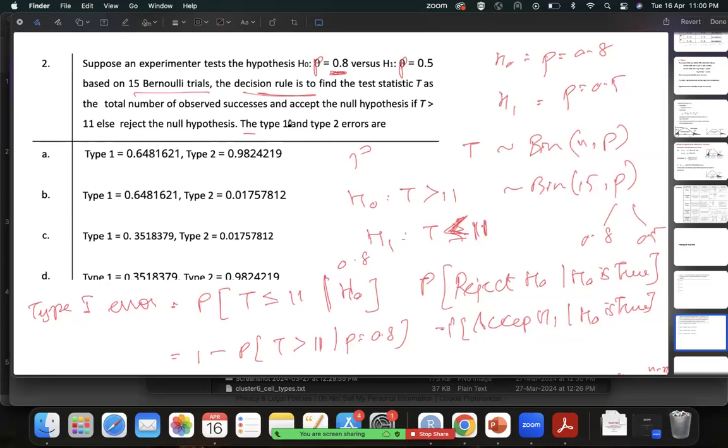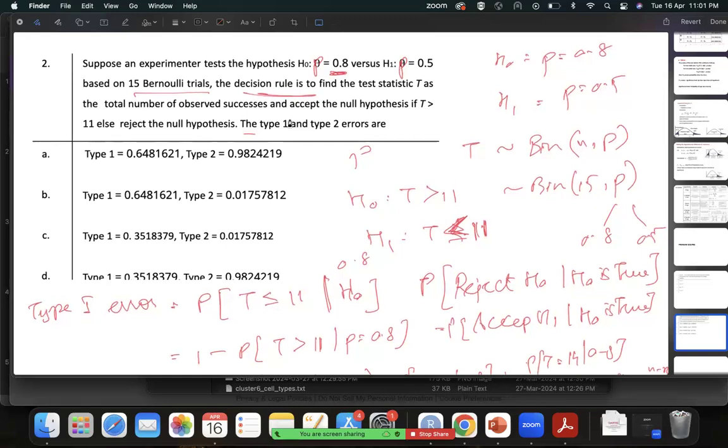So this would be the probability of T equal to 12 given p equal to 0.8, plus the probability of T equal to 13, plus T equal to 14, plus T equal to 15.